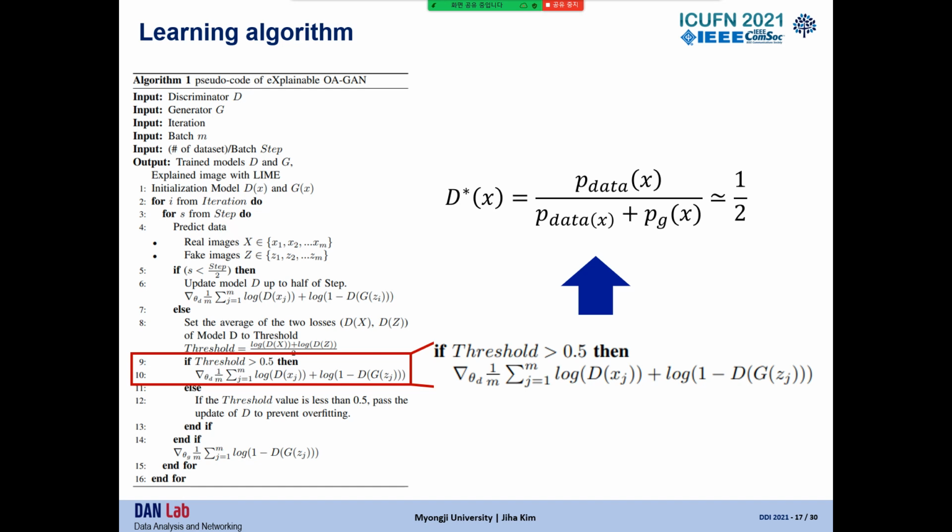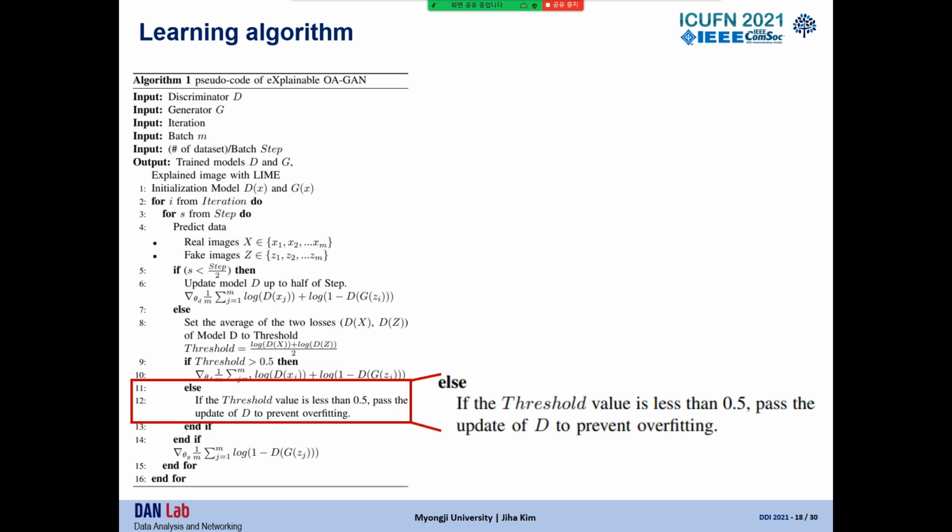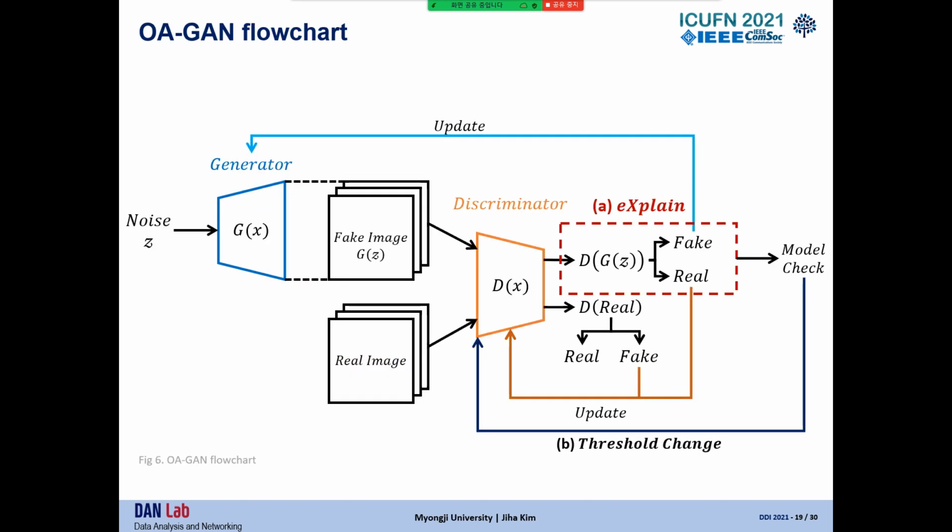The value of 0.5 is set based on the value at which the discriminator is most optimized. Values less than 0.5 are judged to be overfitting and are not reflected in the running. This is a flowchart of the learning method proposed in this presentation, and it consists of A, explanation, and B, threshold change.